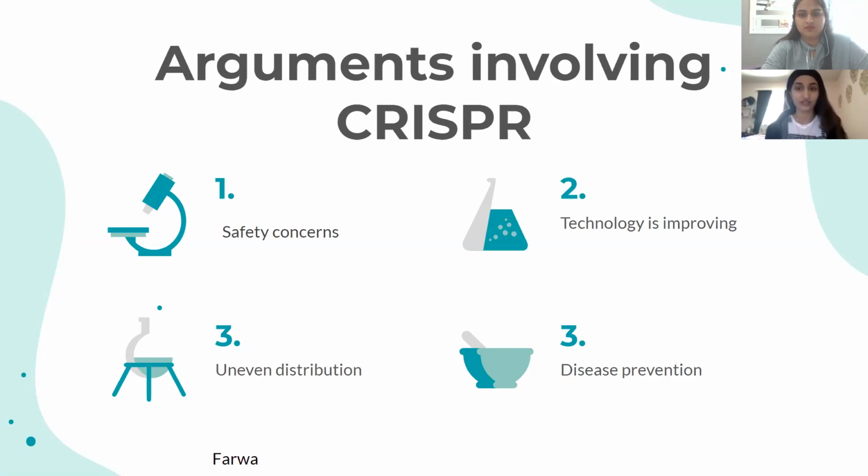And number three, uneven distribution. People argue that if we do allow germline editing in some way, it could lead to the creation of designer babies whose DNA has been carefully selected to enhance their appearance, intelligence, or other traits that are not medically necessary. These enhancements may also be unevenly distributed among the population, and it would lead to a society of genetic haves and have-nots.